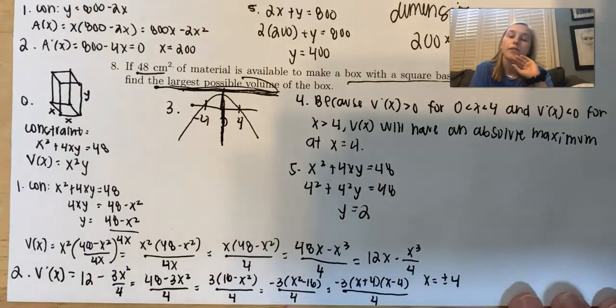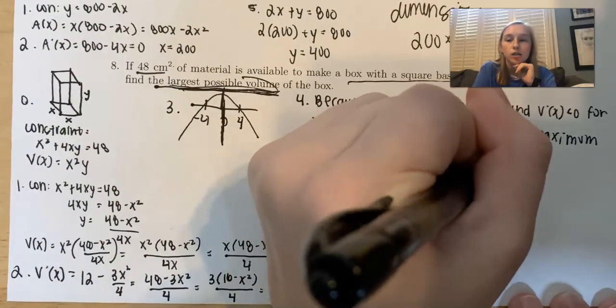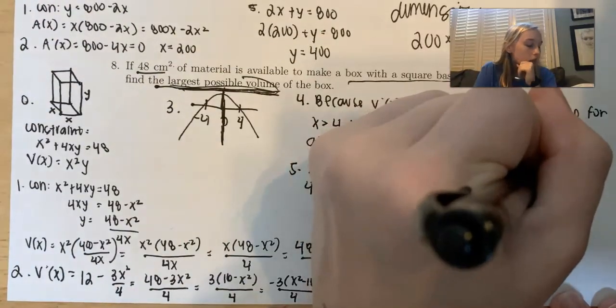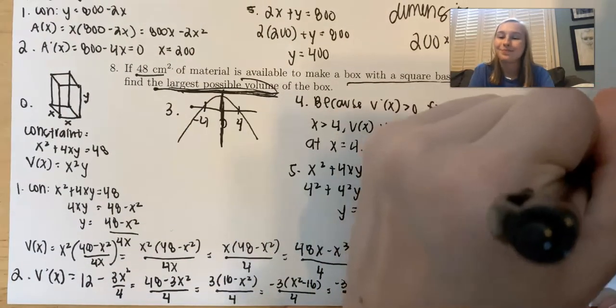And then we have to find the volume, and remember the volume equation is x squared y. So now that we have x and y, we know that that is 4 squared times 2 equals 32.